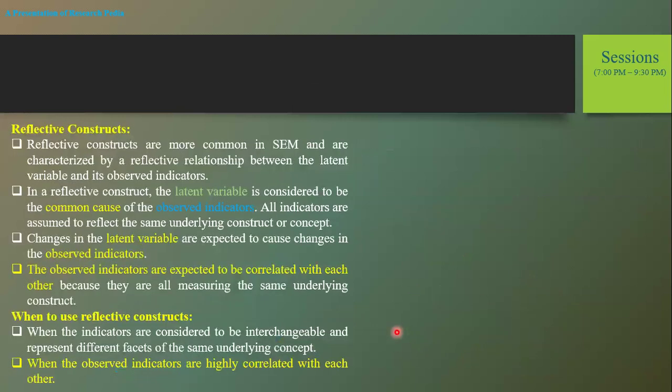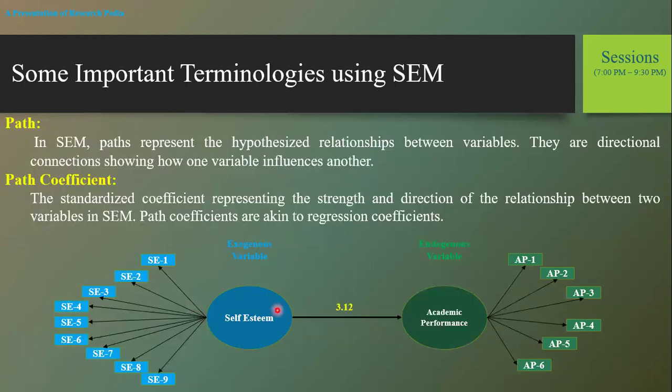Then we may have two types of constructs. Previously, we were discussing that a construct is something that we need to measure indirectly. If we see in the previous slide, if we need to measure self-esteem, we can measure it using the 9 factors. So self-esteem is basically a construct.